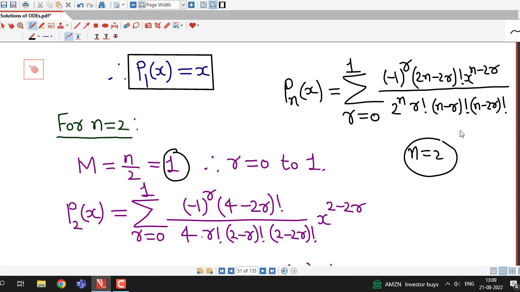Now here I put n equal to 2, and first I simplify this for n equal to 2. So I will have sigma r equal to 0 to 1, minus 1 raised to r. If I take n equal to 2, I have (4 minus 2r) factorial, and here also I put n equal to 2, and I will get x raised to 2 minus 2r.